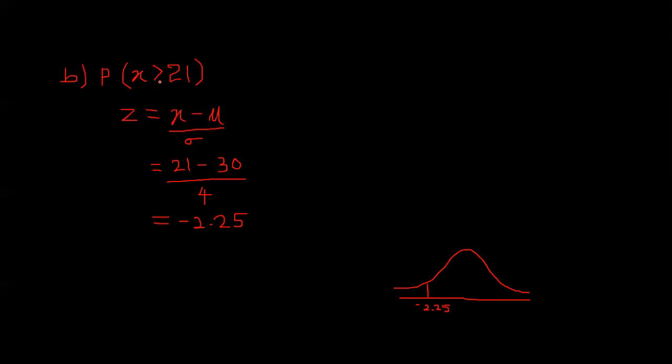So P(X greater than 21) is equal to P(Z greater than negative 2.25).